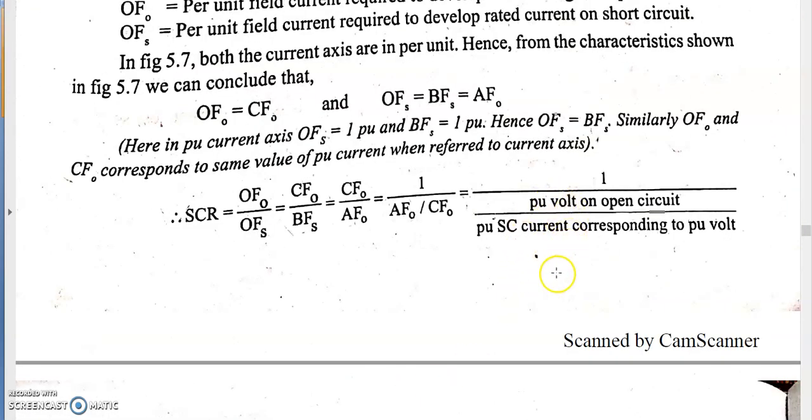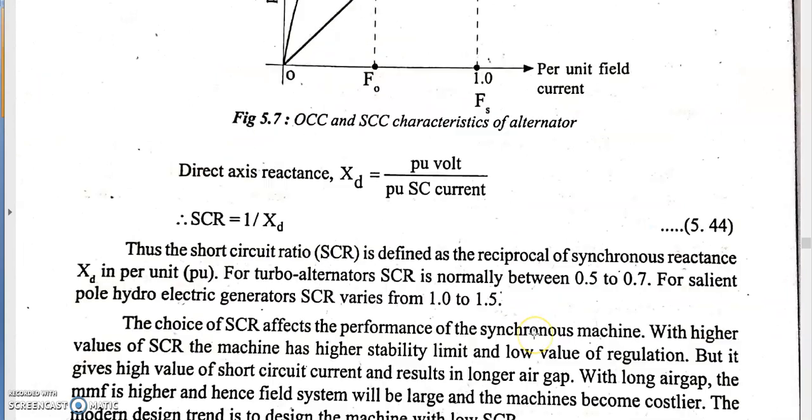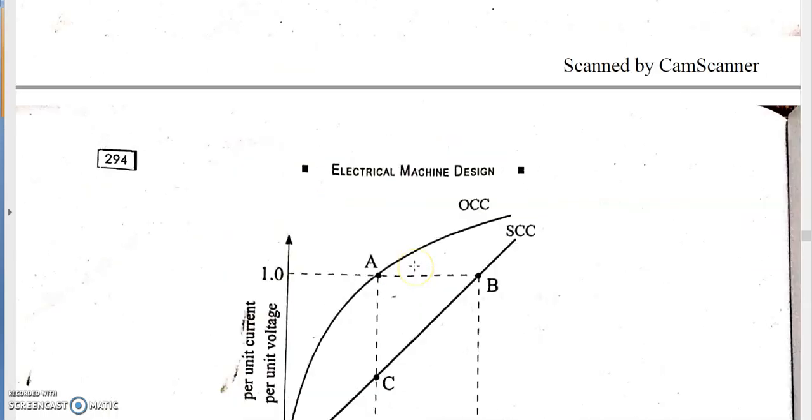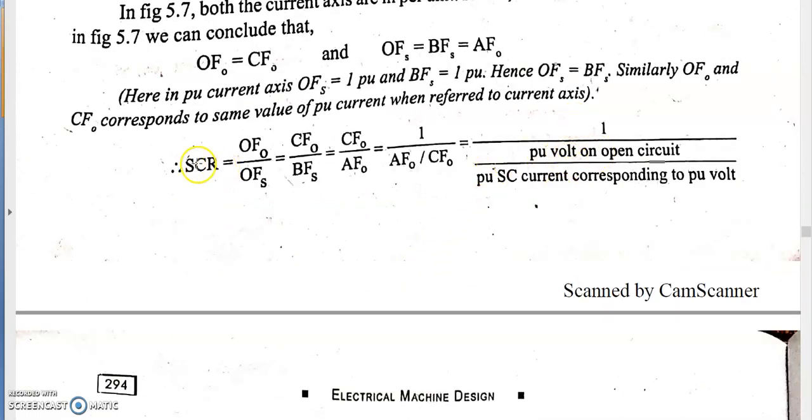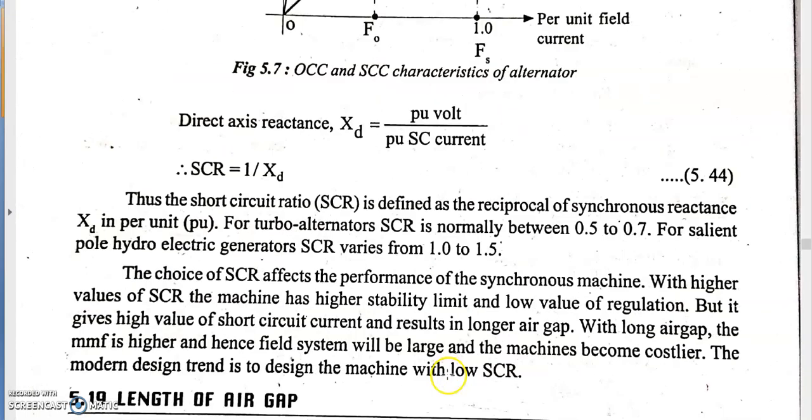So it is voltage by current, and this voltage by current is the reactance. So that reactance we are representing as direct axis reactance Xd, so per unit voltage by per unit short circuit current. So this SCR is 1 by Xd. This is Xd. So this part is Xd, and so SCR is 1 by Xd. So the short circuit ratio is defined as the reciprocal of synchronous reactance in per unit.